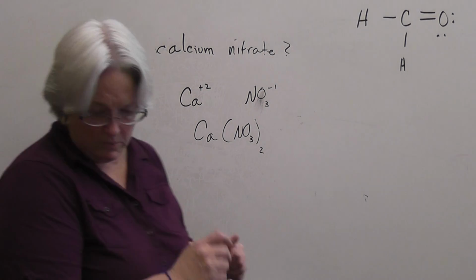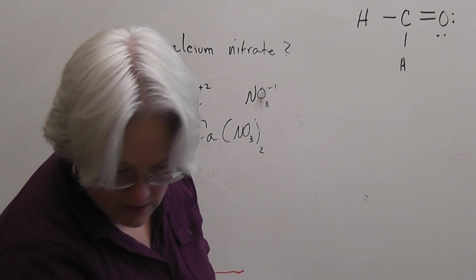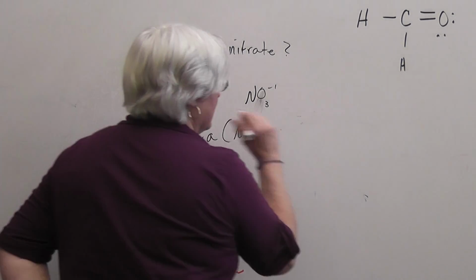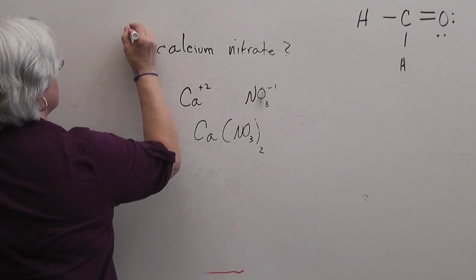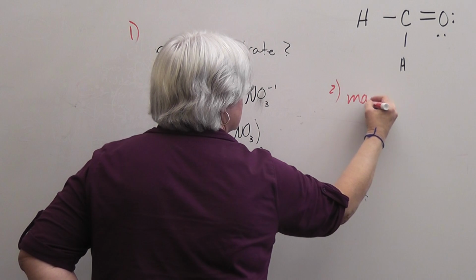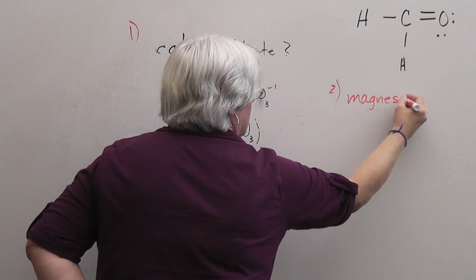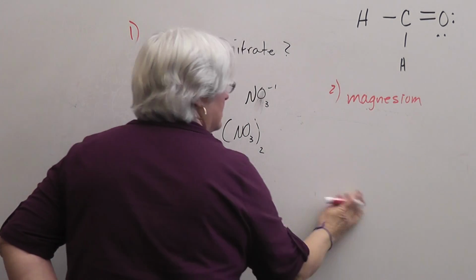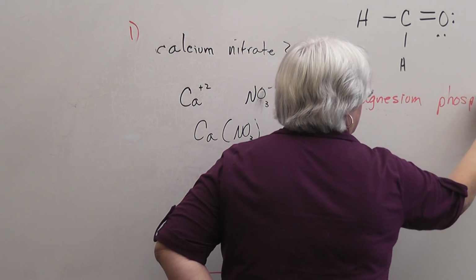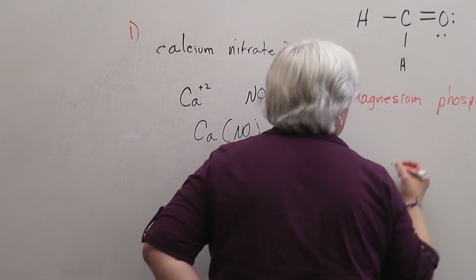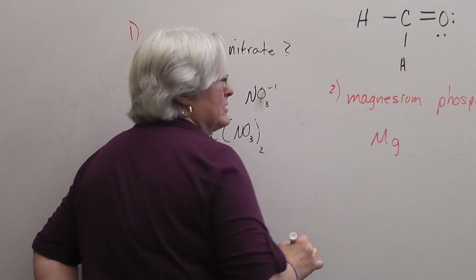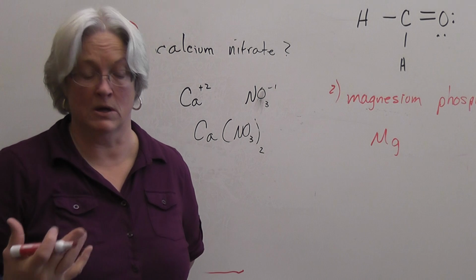Now, what do we want to do for the next one? What's the chemical formula of magnesium phosphate? So this is 1. Here's 2. And we have magnesium phosphate. Phosphate, you know, is not an element.